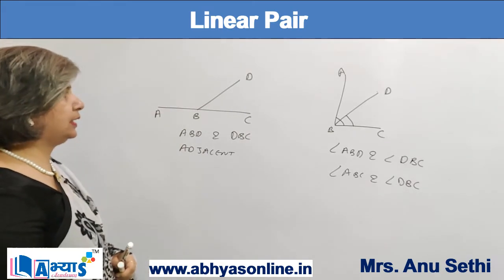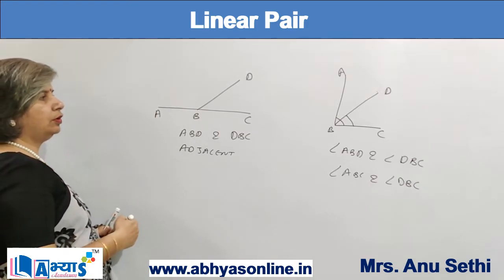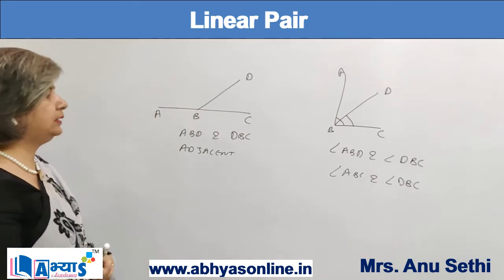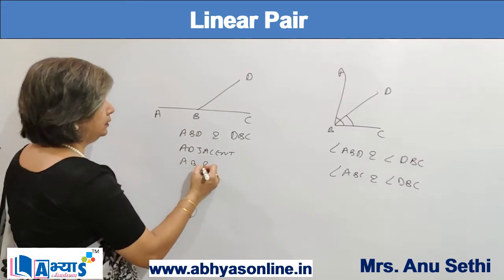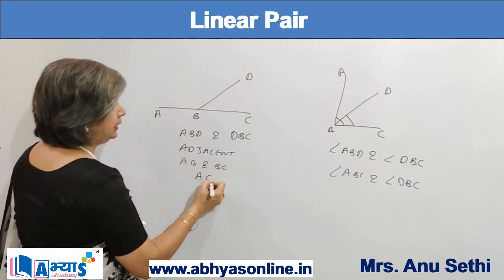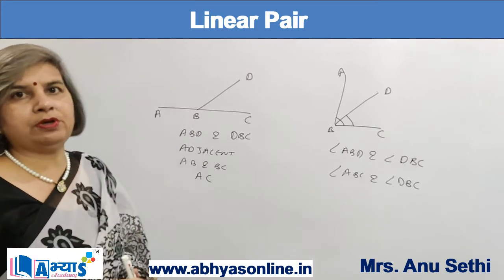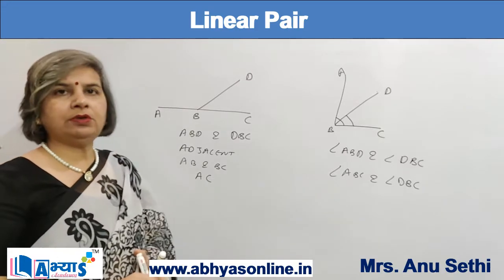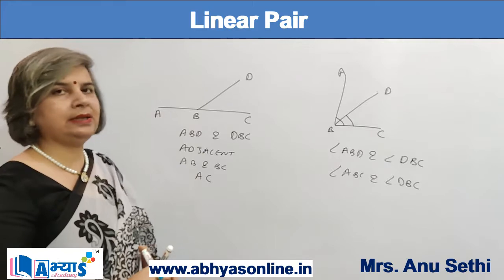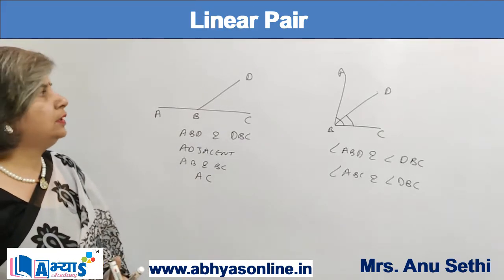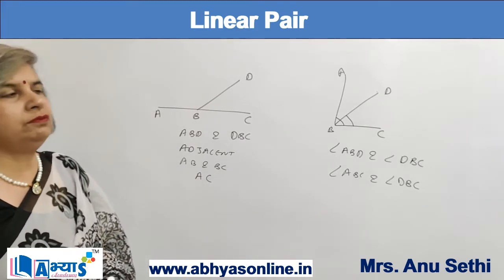But at the same time the non-common arms lie on a straight line, that means AB and BC form a straight line AC. Such a pair of adjacent angles where the non-common arms are on a straight line we call a linear pair, and their sum will always be equal to 180 degrees.